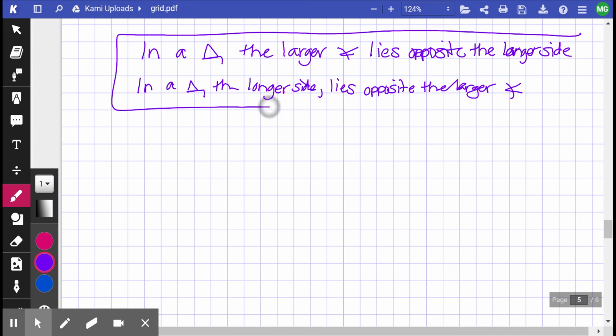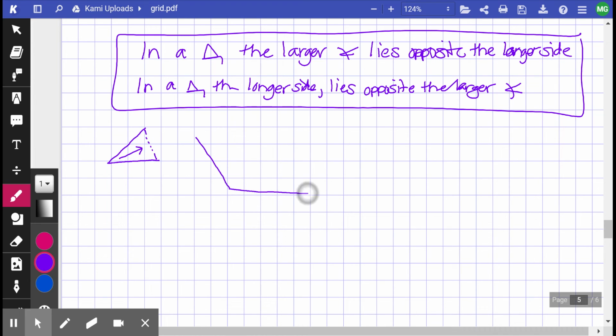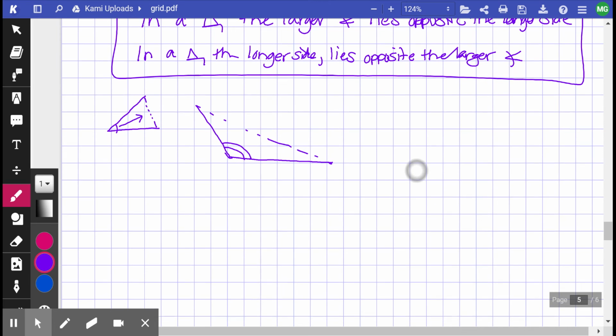So think about, usually in class I use a pipe cleaner and I show the pipe cleaner really small. And I say, okay, well look at the side across from it over here. That's across from that. And what happens if I make the angle with that pipe cleaner even bigger? What happens if you were to connect the ends of that pipe cleaner? Well, as the angle gets bigger, the side across from it gets bigger. If the angle's smaller, the side across from it gets smaller. And that's all that is really saying right there.